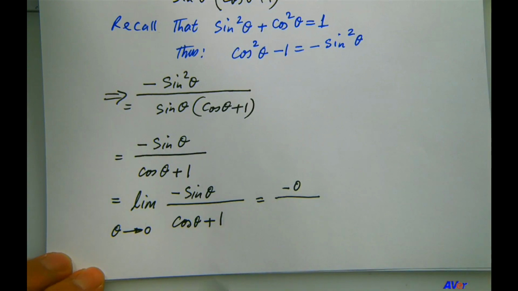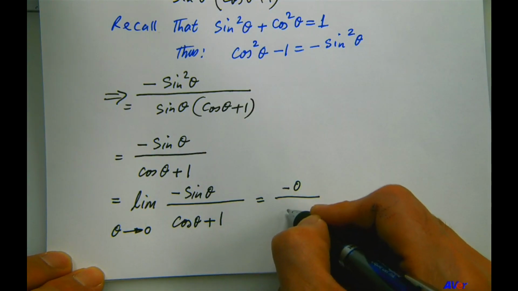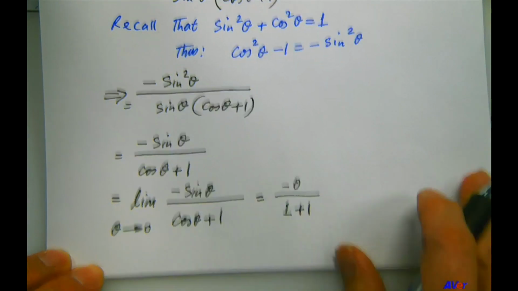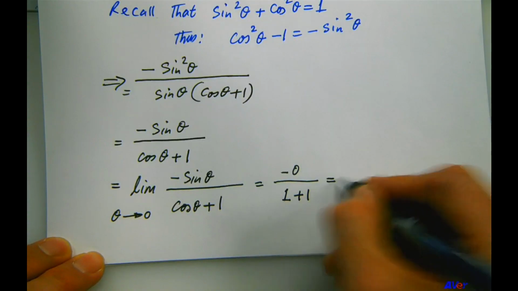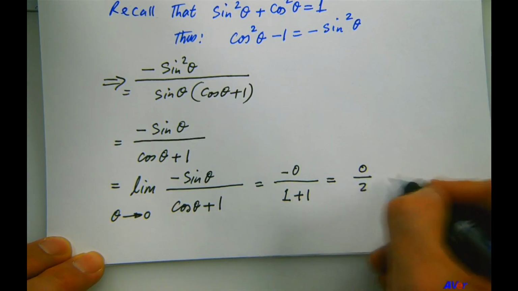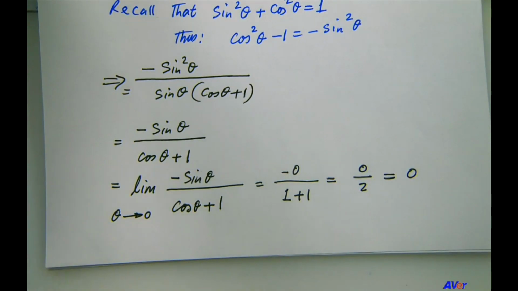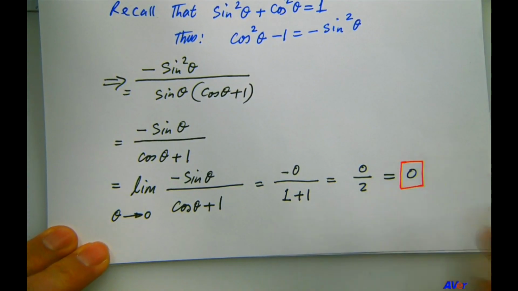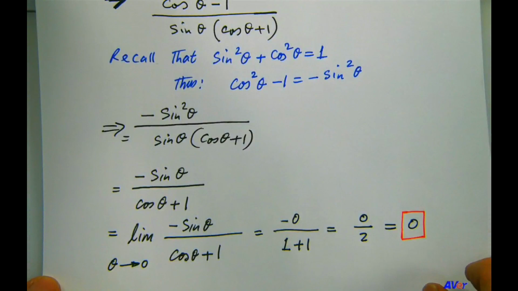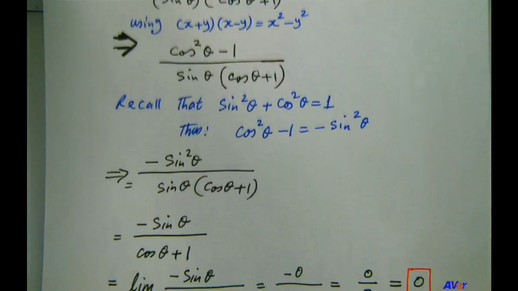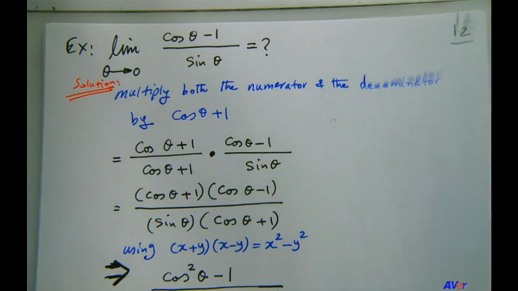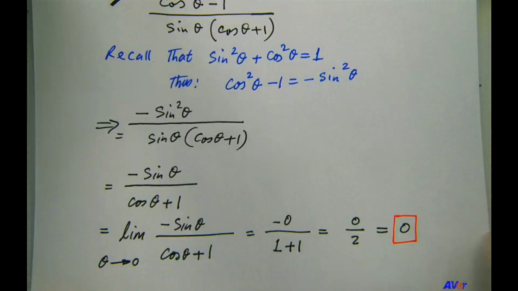Cosine of angle 0 is 1. Cosine of pi is negative 1. So this would be 1 plus 1. So we end up with 0 over 2, which is 0. Okay, like that. So the limit does exist. The limit of this expression as theta approaches 0 does exist, and it's equal to 0.